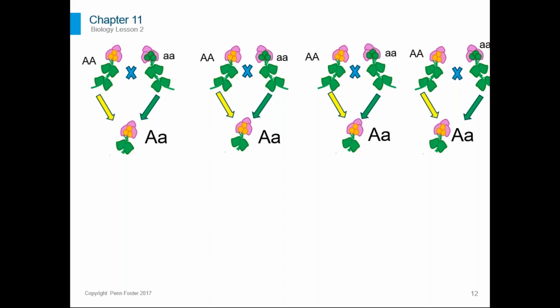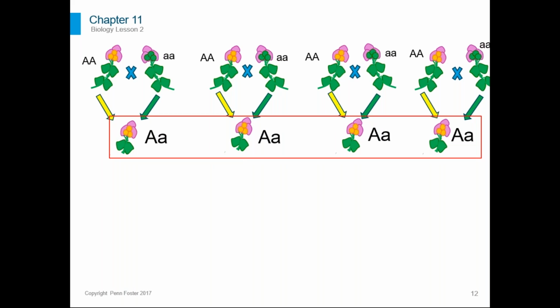Every offspring from that cross got a green allele from one parent and a yellow allele from the other parent. So each one had both alleles, one yellow and one green. And because yellow is dominant over green, every single one of those individuals expressed the yellow seed trait, not the green. But they still had that green allele in them.